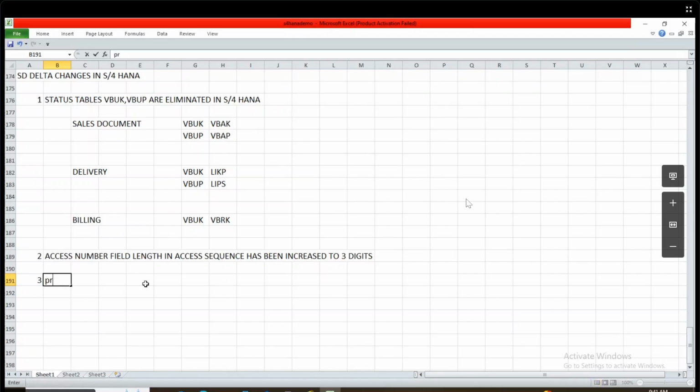Next, pricing formula length. Pricing formula length has been increased to 7 digits.